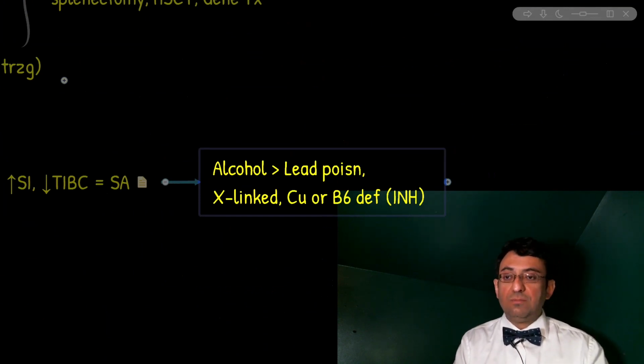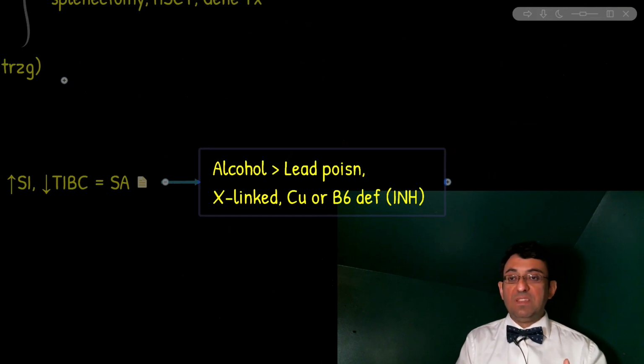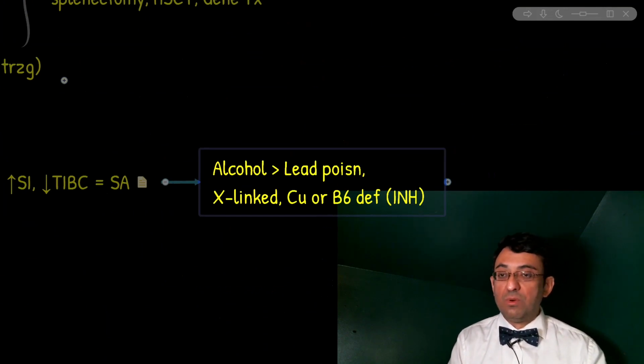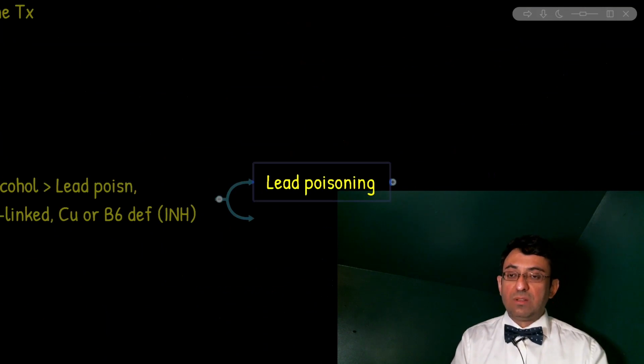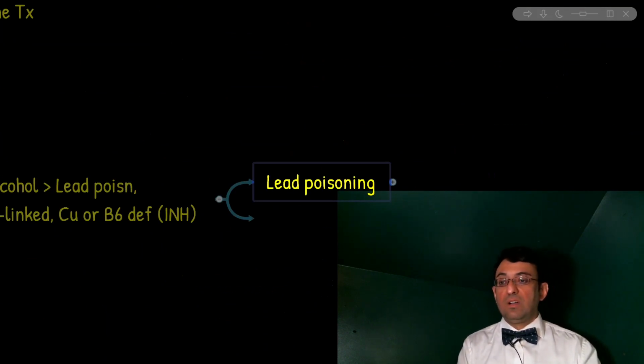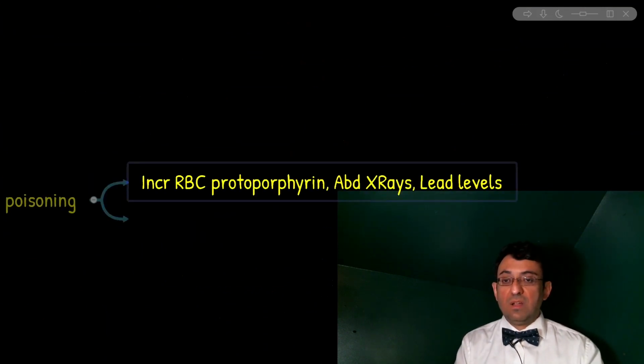Second point is, even though we discussed X-linked cause, lead poisoning, B6 deficiency, or copper deficiency, remember the most common cause of sideroblastic anemia is alcohol. That's alcoholism. Now, talking about lead poisoning as an important underlying cause of sideroblastic anemia, what do we see and what workup should we include?